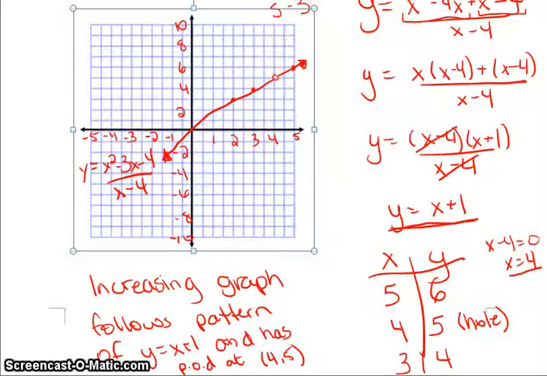There was a hole, and the graph behaved like y is equal to x plus 1 apart from that hole. So make sure you say it follows that pattern of this graph, and then it has this point of discontinuity, which helps separate it from actually being y is equal to x plus 1.